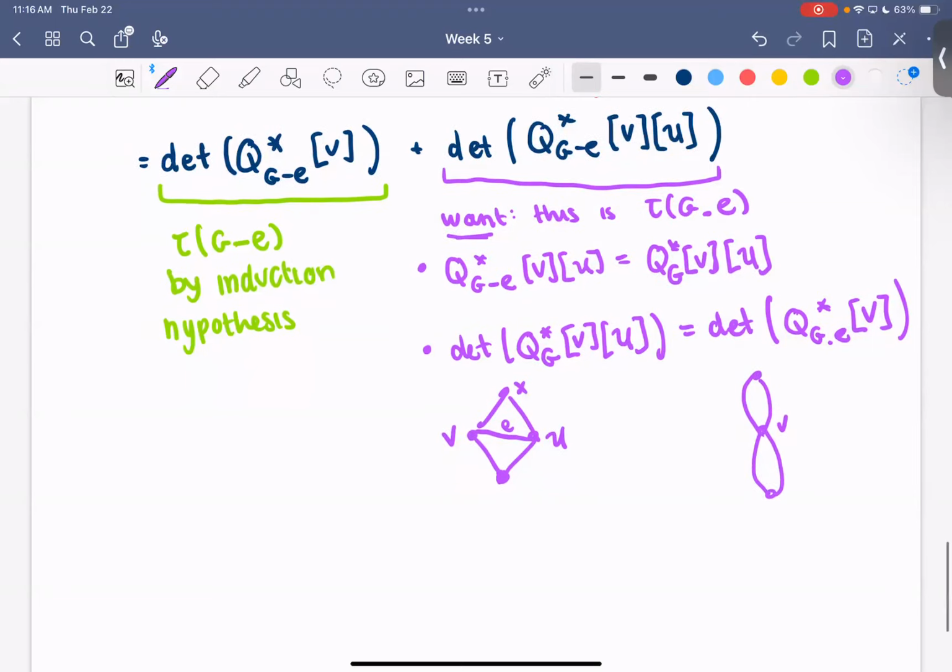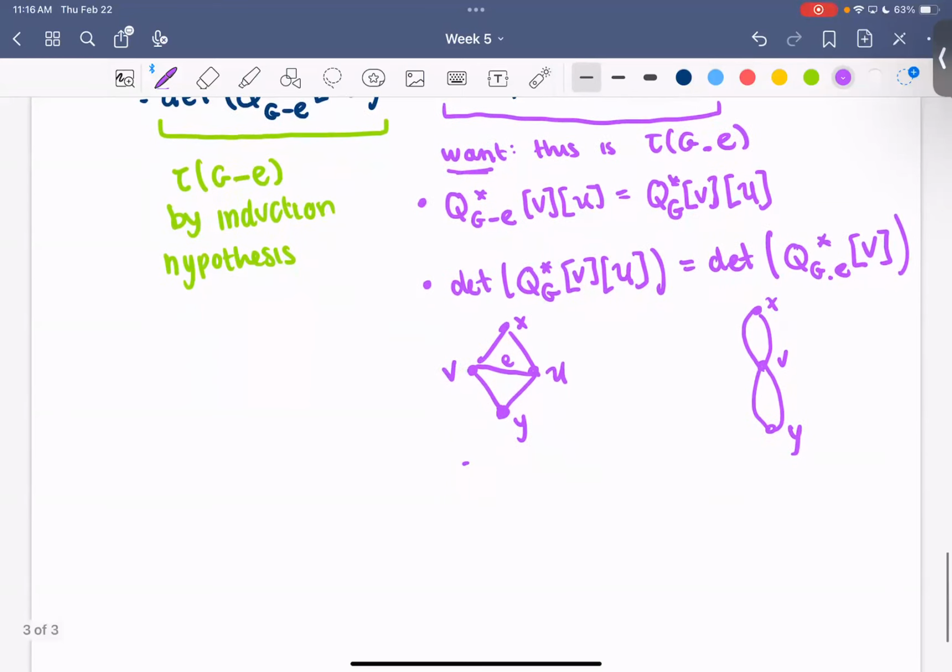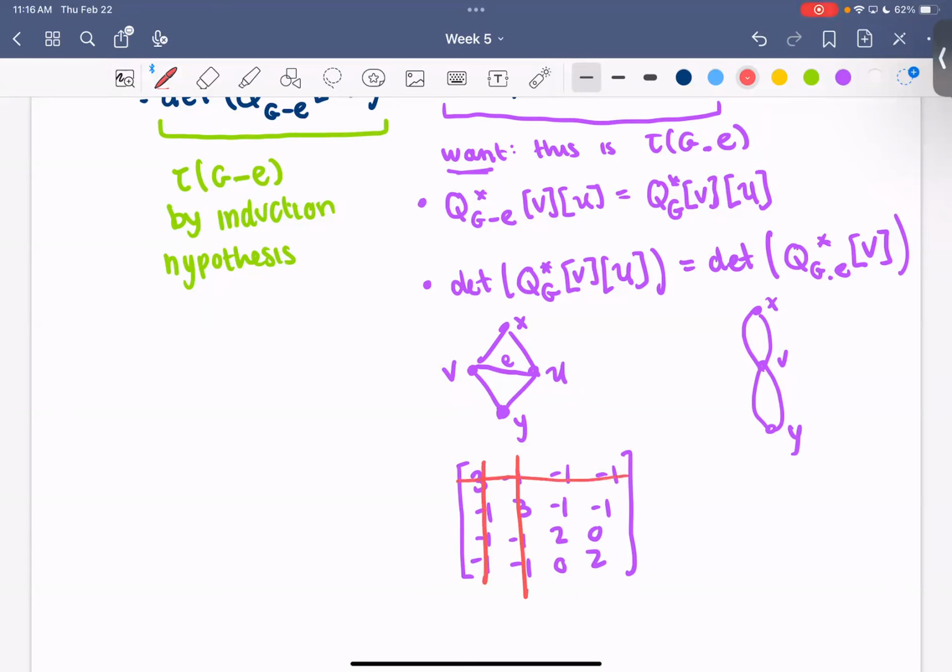Okay, and then I'll call these X and Y. So this matrix is 3, 3, 2, 2. Okay, so then we're going to delete the row and the column corresponding to U and V. You know what? Maybe we are just going to get the same matrix.